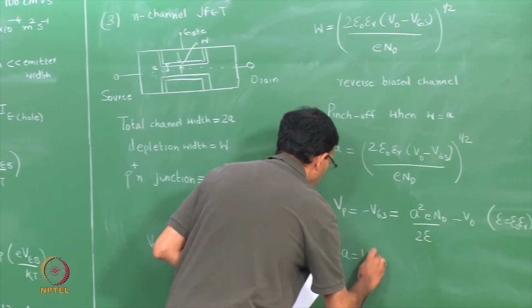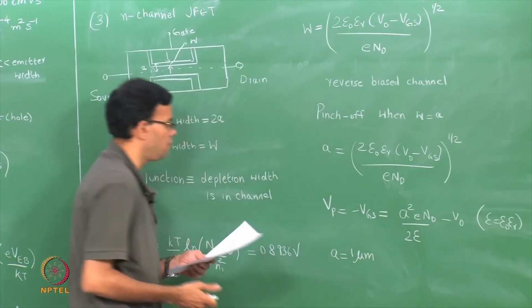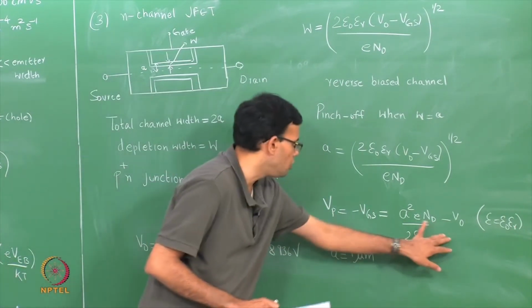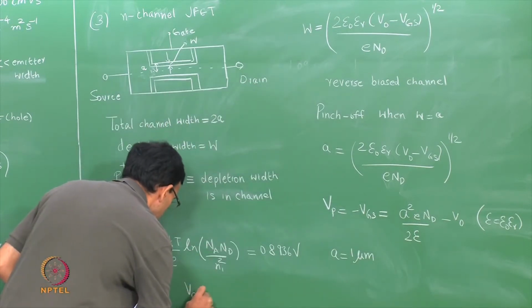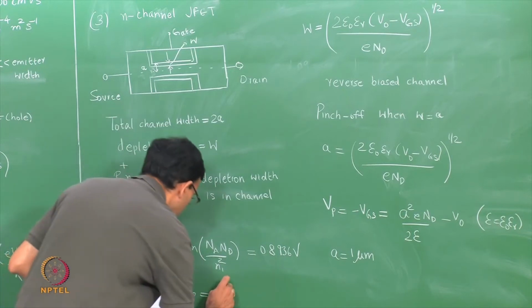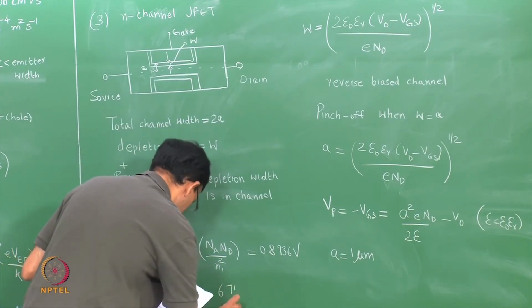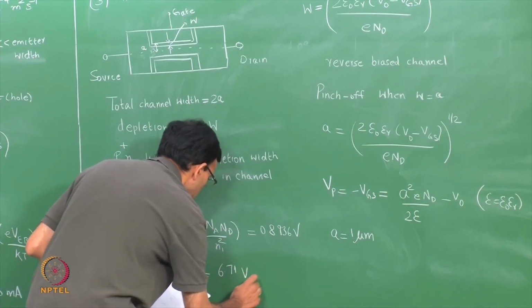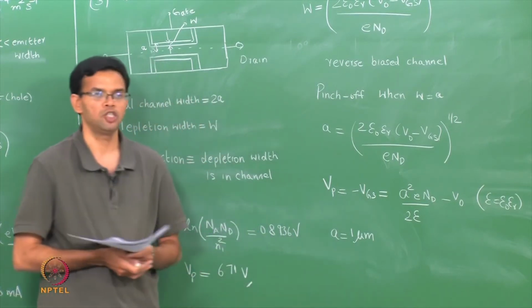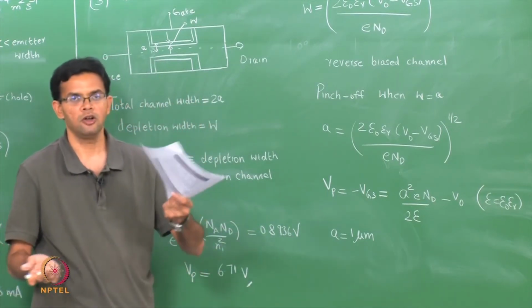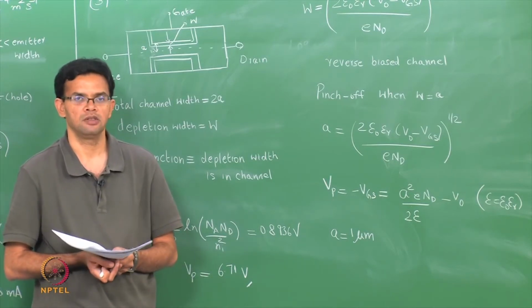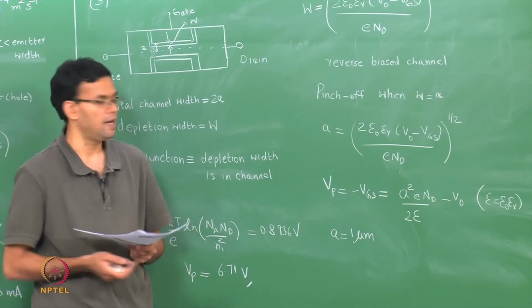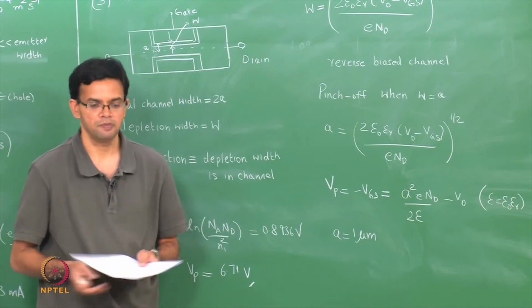A is 1 micrometer. So, everything else is known, V naught is known, A is known, from which we can calculate V p to be equal to 6.71 volts. So, this represents the pinch off voltage to essentially close the n channel and basically stop conduction in your JFET. So, let us now go to the last problem.